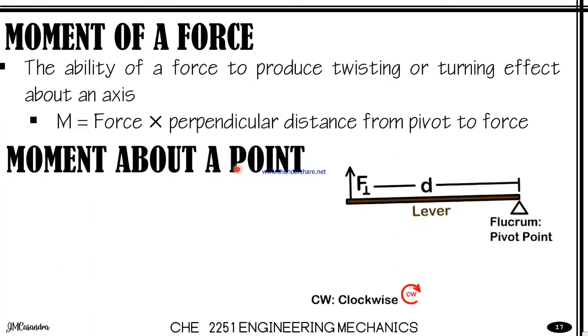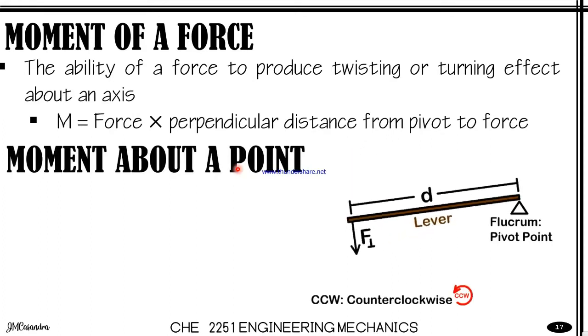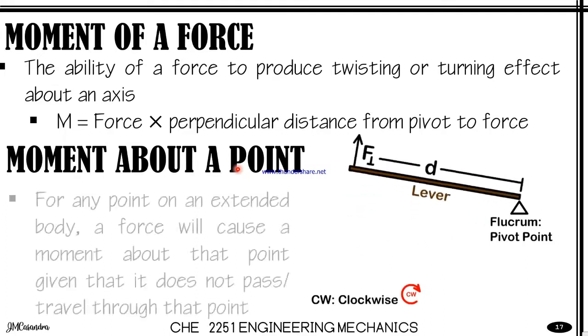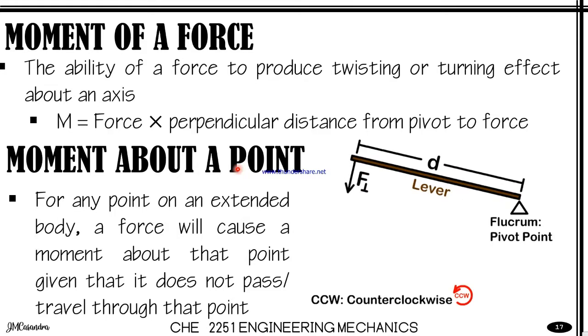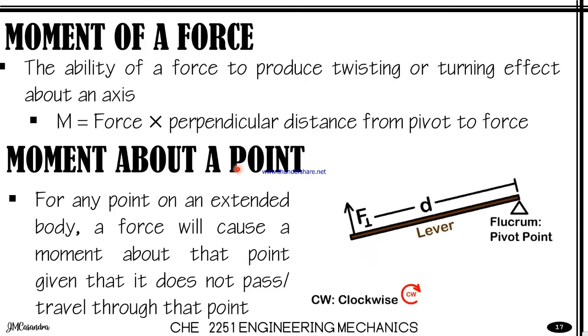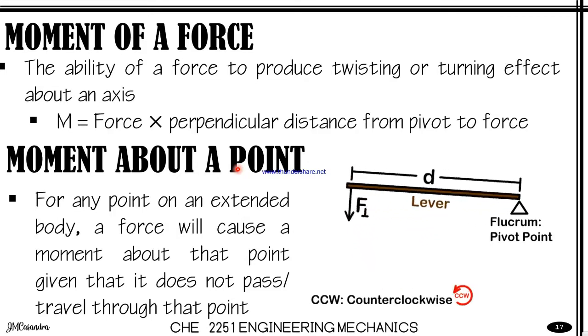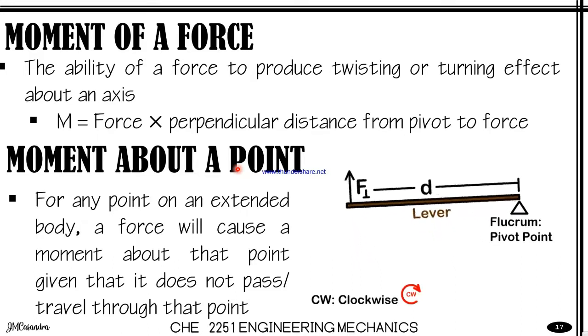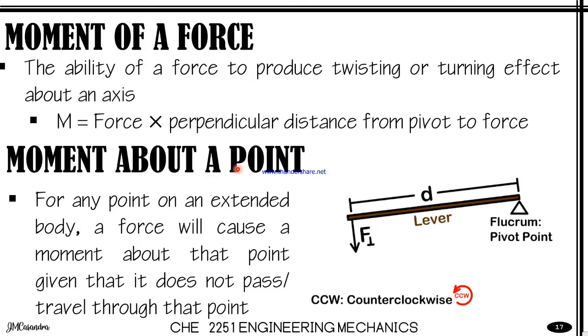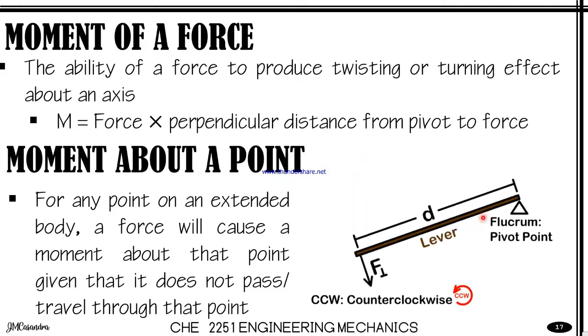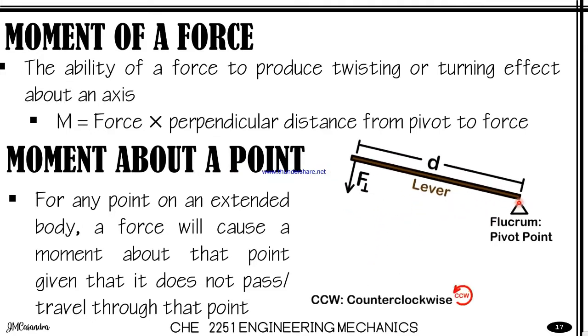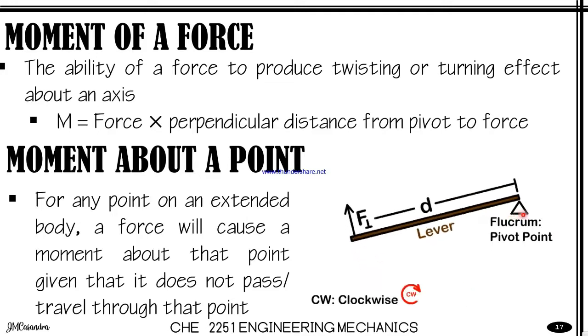Next we have a moment about a point. For any point on an extended body, a force will cause a moment about that point, given that it does not pass through that point. For example, we have this system. This is our fulcrum, or our pivot point.